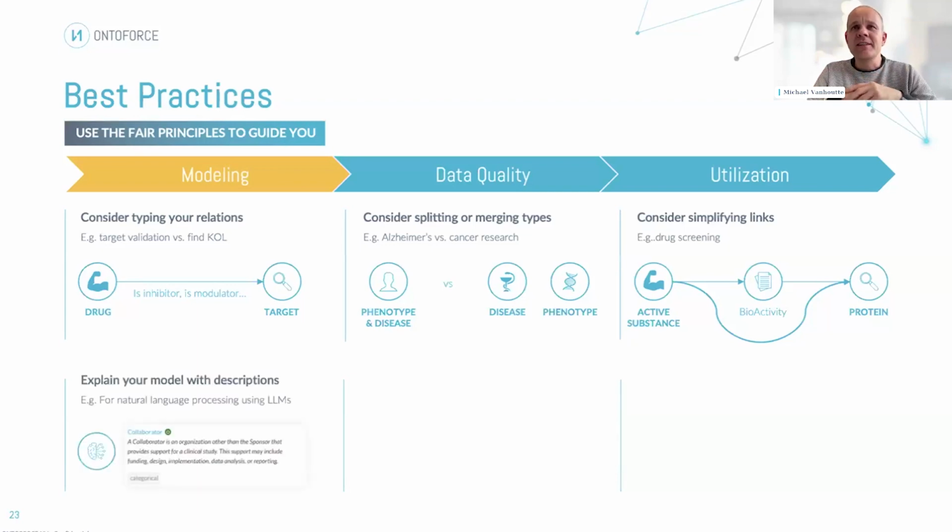The fourth one is mostly related to large language models. So explain your model with descriptions. Suppose you want to do a search for and give me all clinical trials around Huntington's disease, and that involves blood tests.